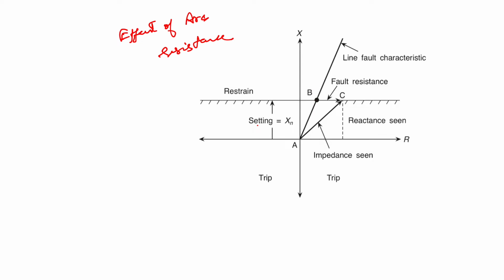This is only to be expected, as the relay measures only the reactive part of the ratio of voltage and current. So this is the superior performance during arc resistance. The ability of the reactance relay to respond correctly to the presence of fault resistance is a very useful trait, and accounts for the popularity of the relay in spite of the fact that it undesirably trips during the normal load flow.